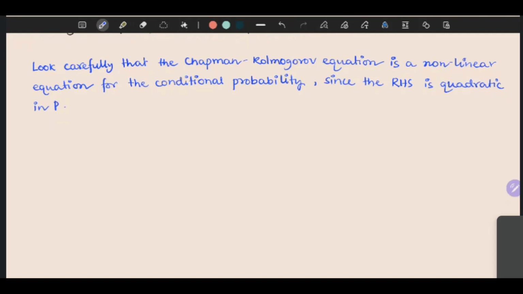What we will do here is define a transition probability per unit time.